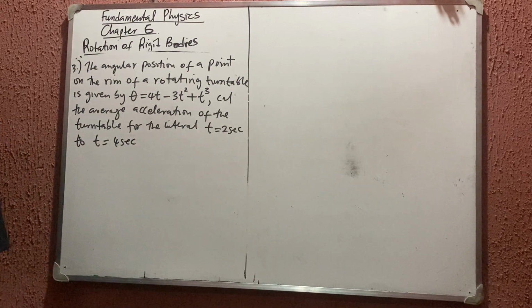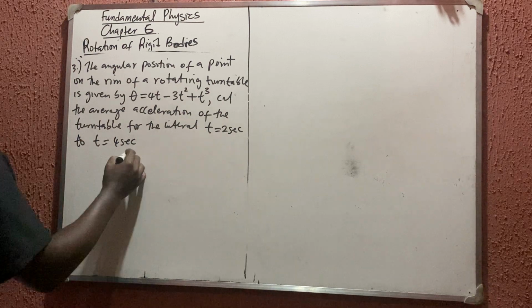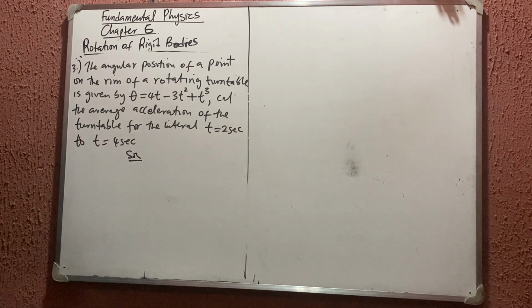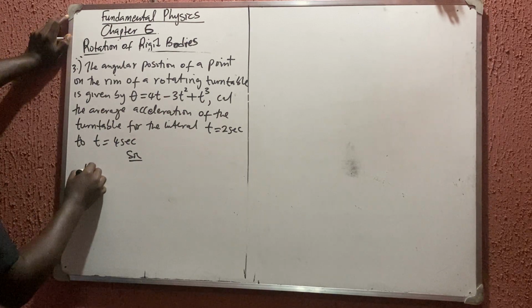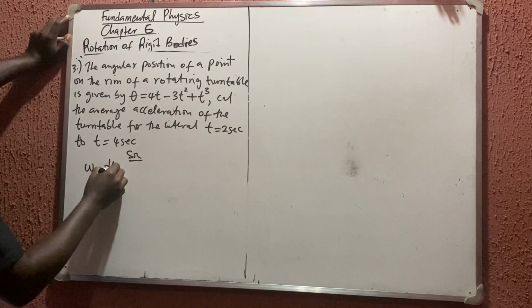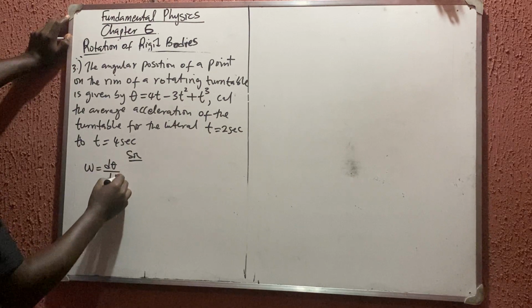So this is very, very simple. What do we do? Don't forget the solution. If you are asked to find the velocity, you should know that the angular velocity is equal to change in distance over change in time.